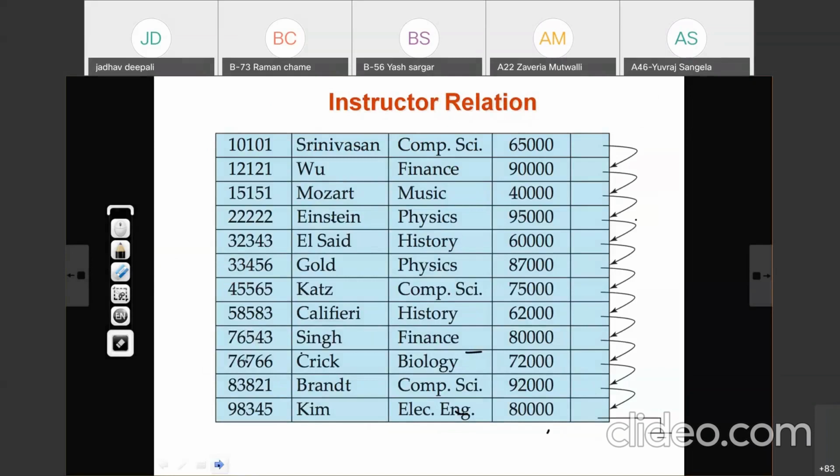We are going to consider the department name as the search key value. So here different department names are there.